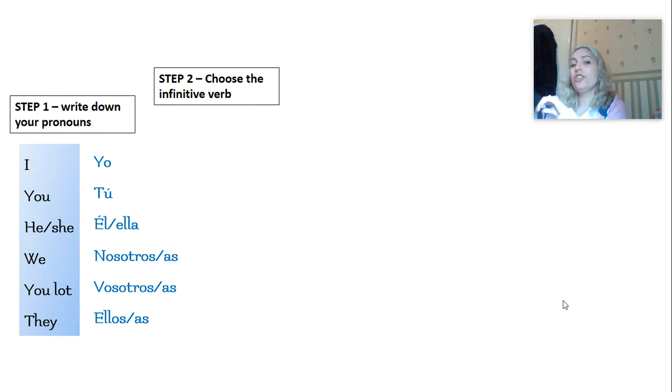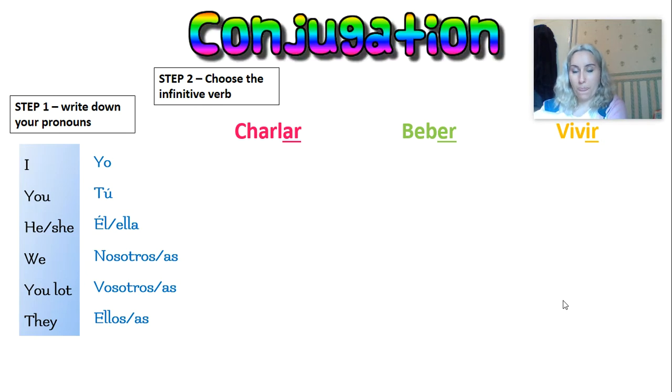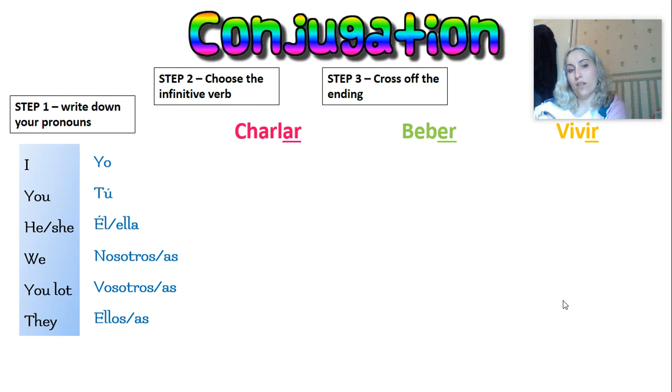Step 2, choose your infinitive verb. So you might choose an AR verb, charlar, or an ER verb, beber, or an IR verb, vivir. Step 3, cross off the ending of your verbs. You cross off the AR, the ER, and the IR.